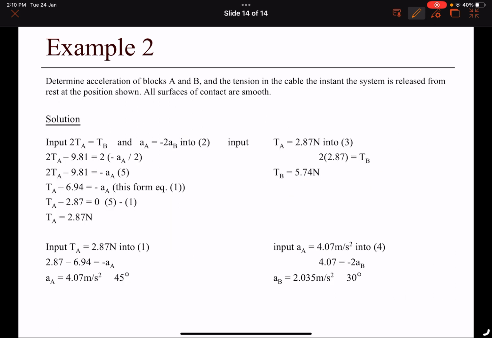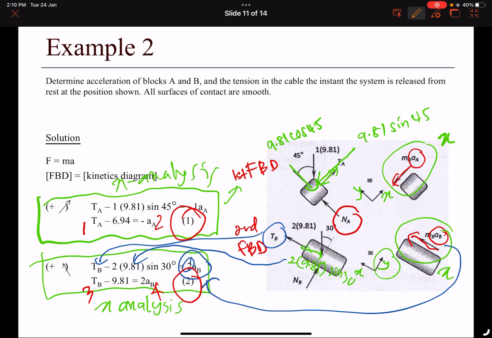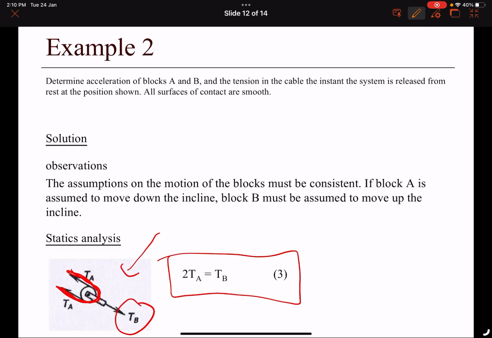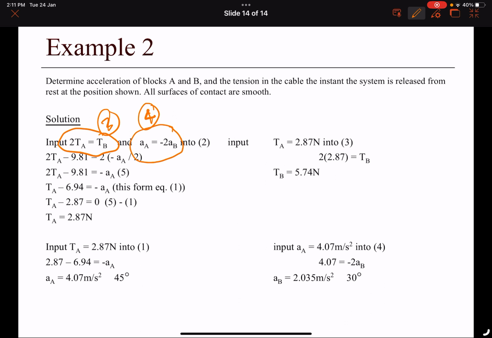So solution. Once you have the 4 equations with 4 different unknowns, you can solve it. The first one, you can input the third equation and the fourth equation into equation number 2. And then you will construct another equation, which is equation number 5.